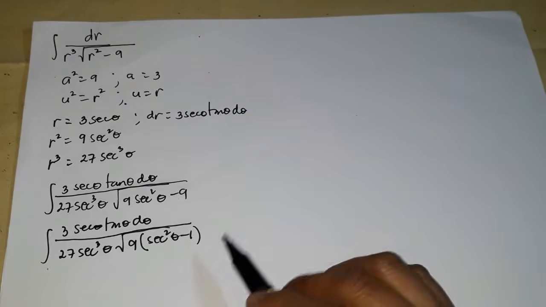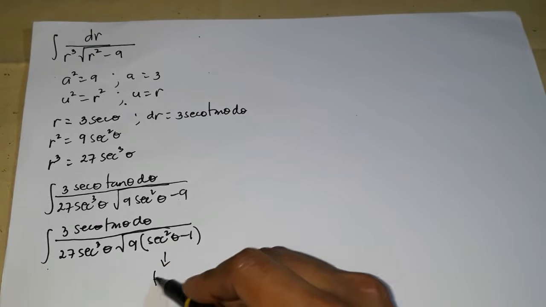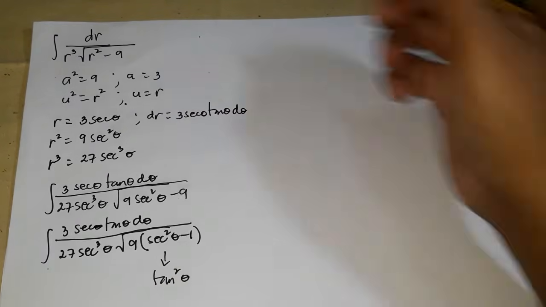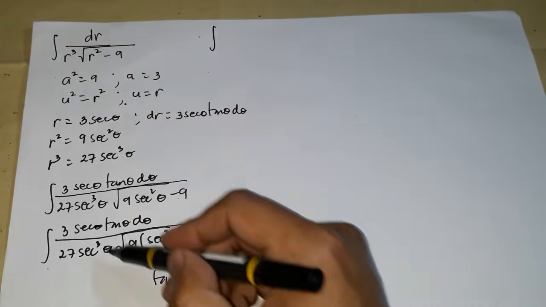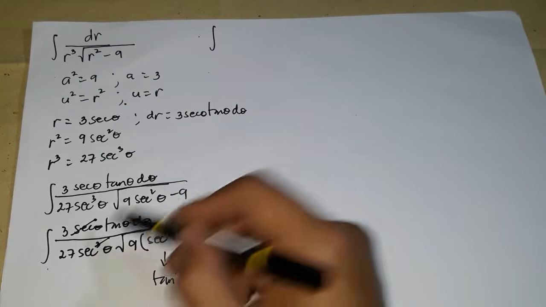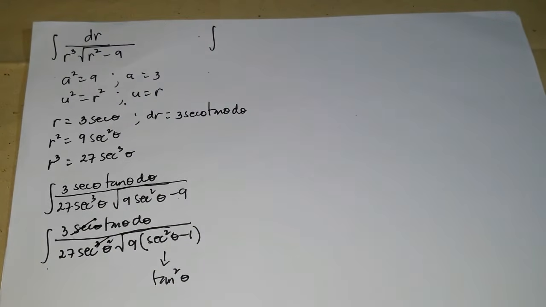And do not forget that secant squared theta minus 1 is equal to tangent squared theta. Then we have the integral of secant theta. You can drop this off and then remove 1 secant here. So you only have secant squared theta.